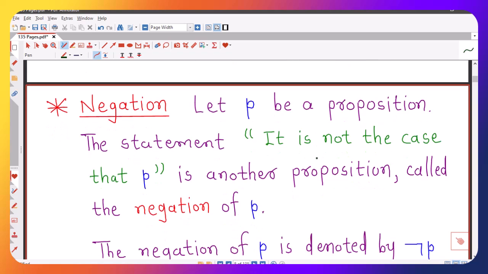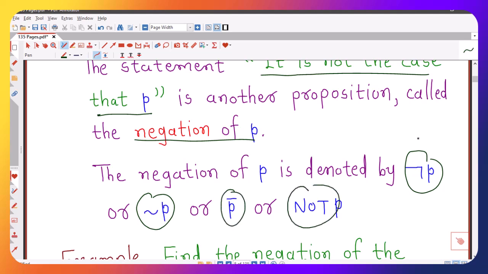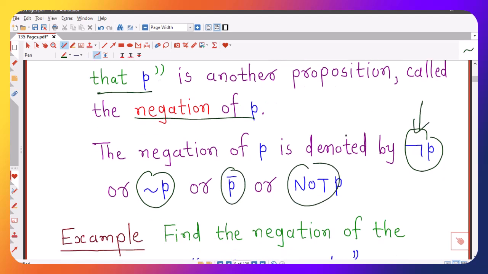You may be asked to write down the definition of negation also. You can write systematically: let P be a proposition. The statement, it is not the case that P, is another proposition, and it is called the negation of P. It is denoted by these different notations, and we will use this notation in our lecture series.